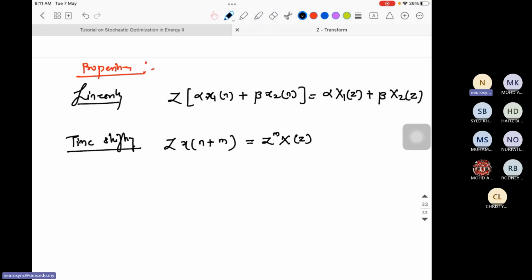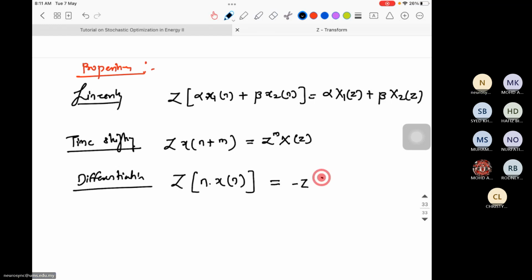Then the third property is differentiation. The Z transform of n times x of n is basically equal to minus z times d by dz of capital X of z.